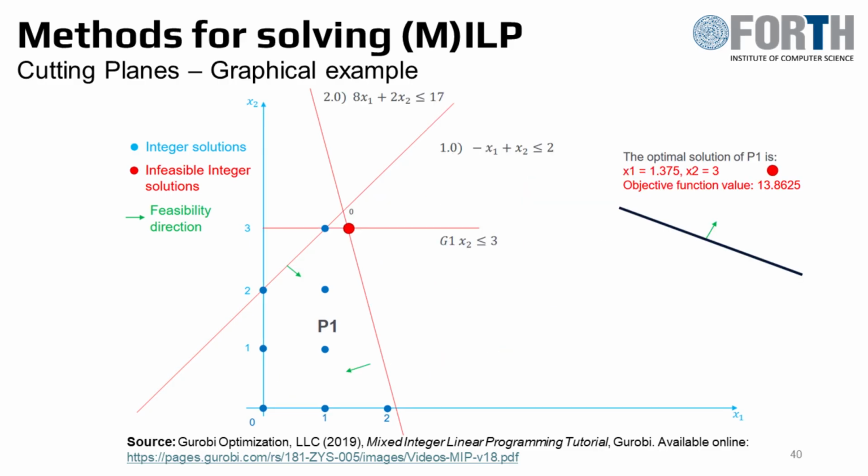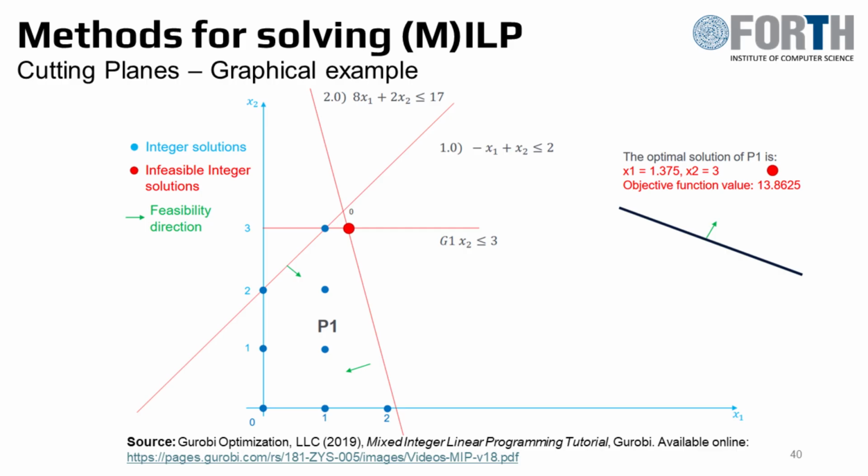After adding the first Gomory cut, labeled G1, the feasible region becomes smaller. You can see that a new boundary line appears and part of the previous feasible polygon is removed. The former LP optimum is now infeasible. We resolve the LP over this reduced region and a new optimal solution emerges. This solution is still fractional, but notice what has happened.